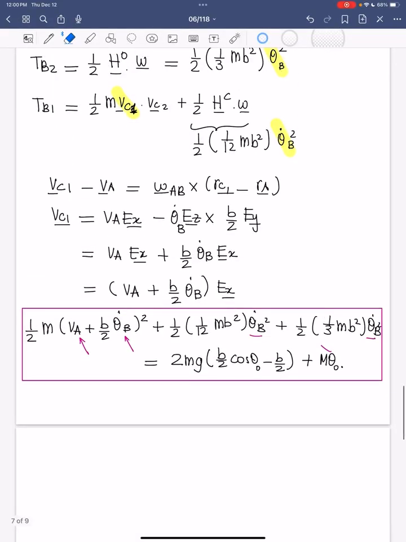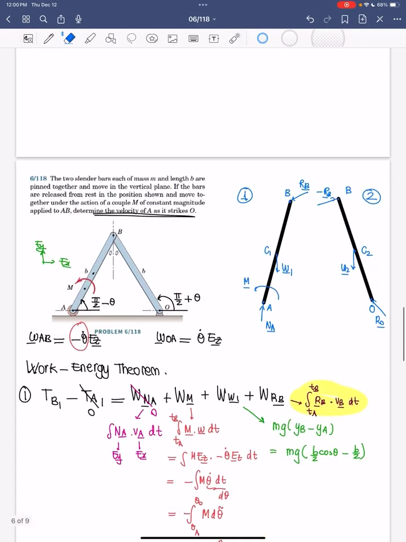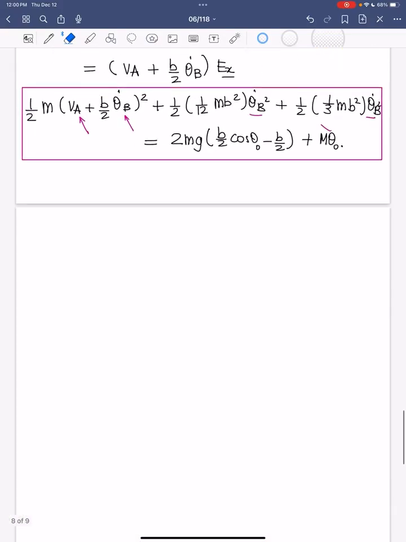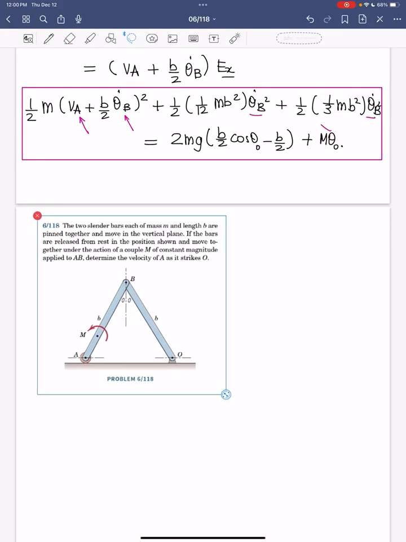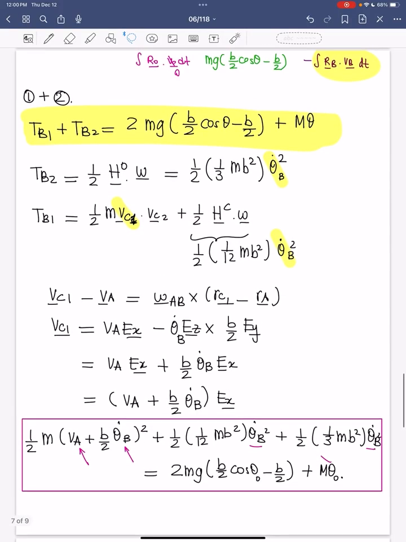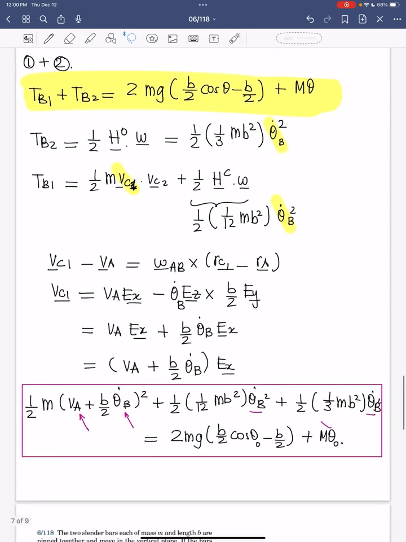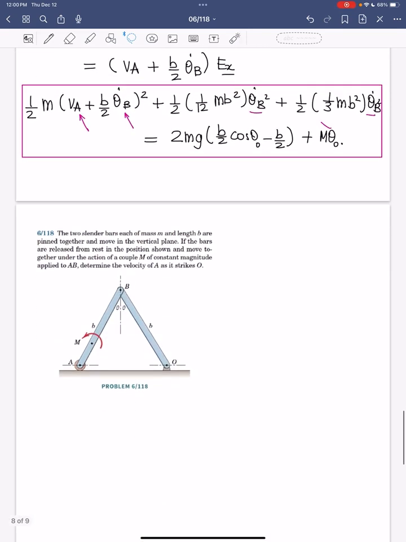Okay, I think I might have figured out how to finish this problem. So just reminding you, this is the problem we're working on. I was stuck here. This equation had two unknowns, VA and theta dot B. And VA came in because I related the velocity of the center of mass to the velocity of point A. That's for bar 2.